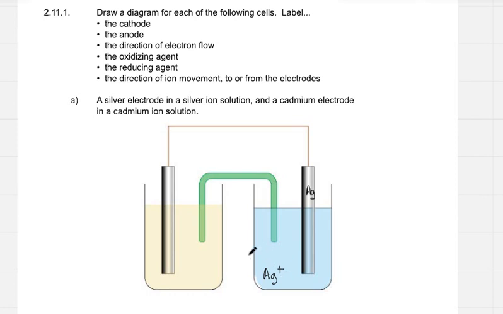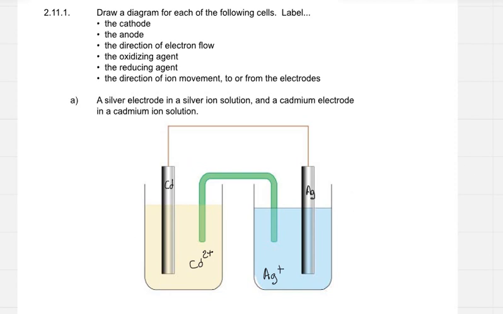Silver ions are actually colorless. A silver solution looks like water, so this blue is a little inappropriate, but we'll be okay. On the left side we have cadmium metal in a solution of cadmium ions. And cadmium ions really are yellow. They make yellow paint out of them, so this yellow is totally fine. And we want to know what happens when these things are allowed to interact.